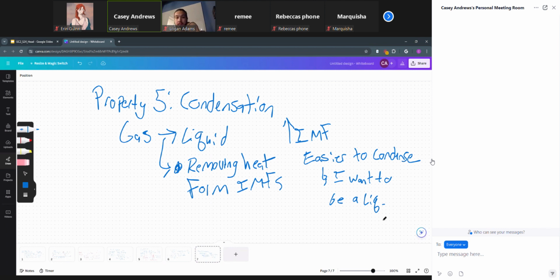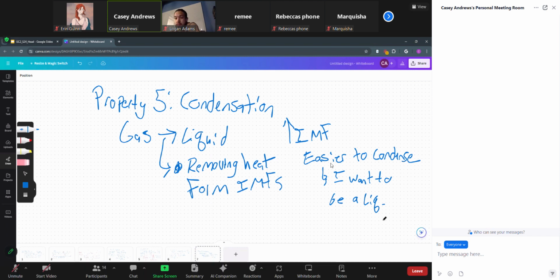So it doesn't want to be a liquid. It doesn't get anything out of interacting. Polar molecules are the opposite. They have strong intermolecular forces, and so they want to be a liquid. So that's our last property for intermolecular forces in liquids.